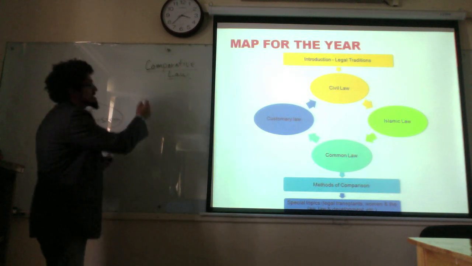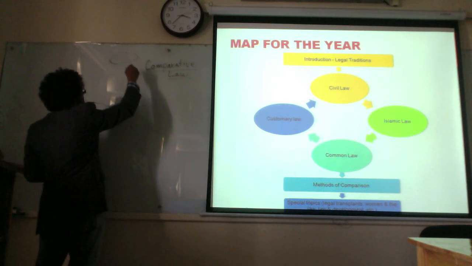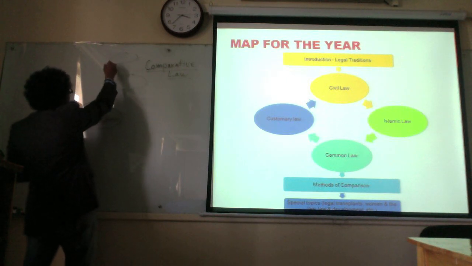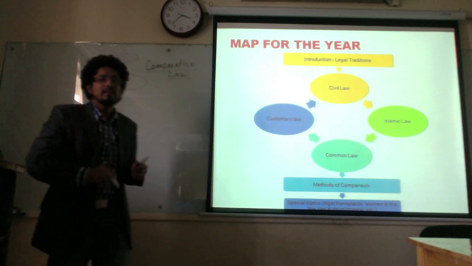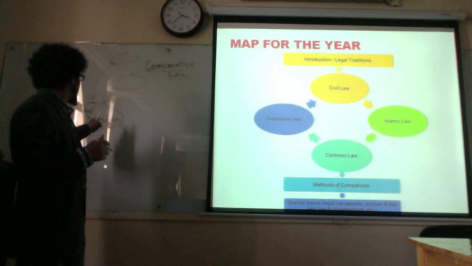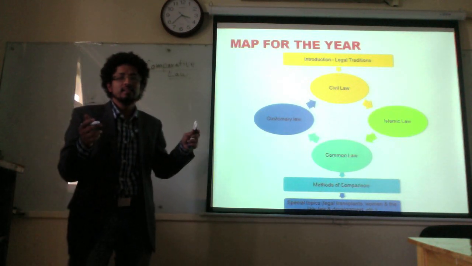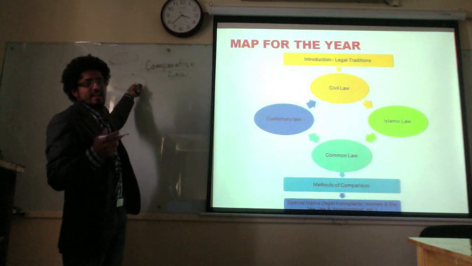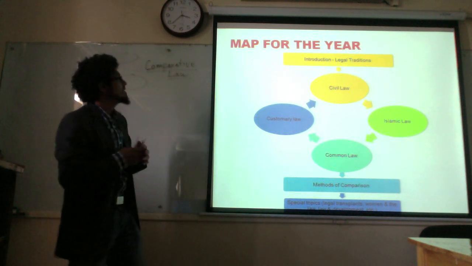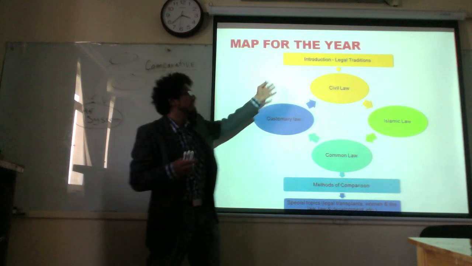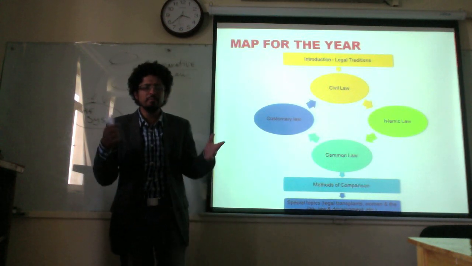So what we have is the Islamic law tradition, the civil law tradition, all of the customary law, all of that is providing information as to the way Afghanistan's legal system operates. So these legal traditions provide information for the legal system. And we're going to go into that in some detail. But that's going to be the topic of our first little bit of the course.